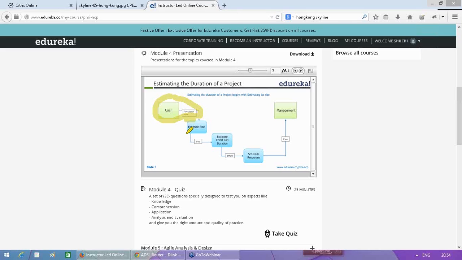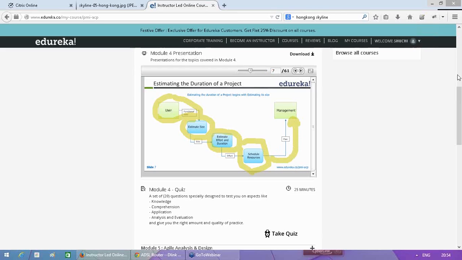Then we derive a size, where size is nothing but the complexity of each functional requirement. Then from that size, estimate, effort and duration are derived. Based on the estimate, effort and duration, we schedule our resources, and then a complete plan of how the project requirements would be implemented is drawn out by management.